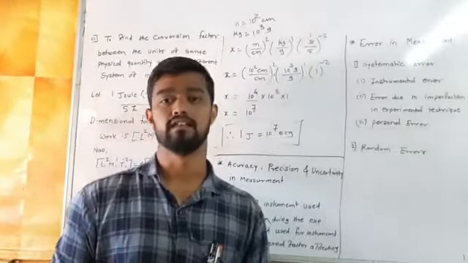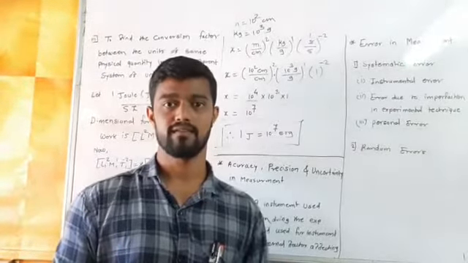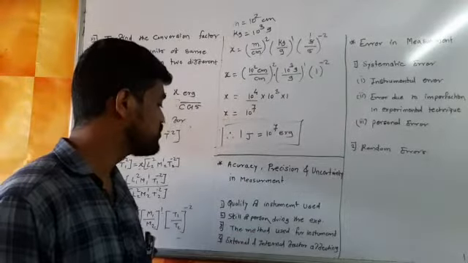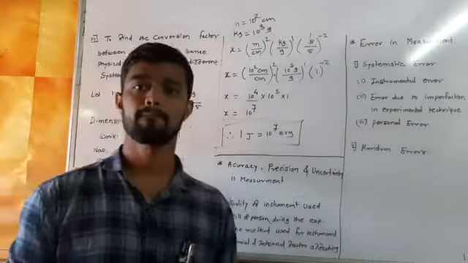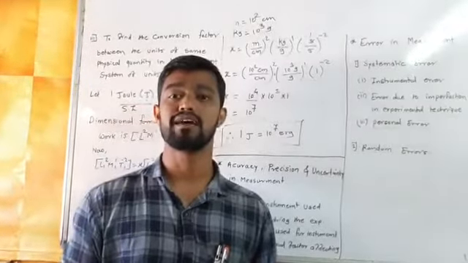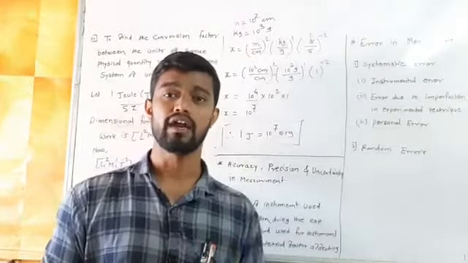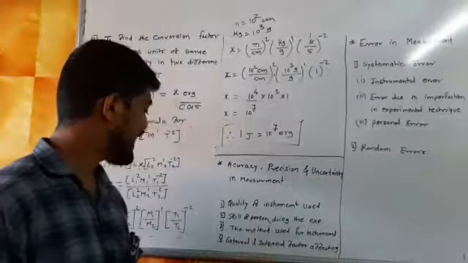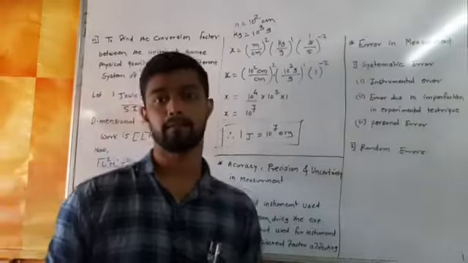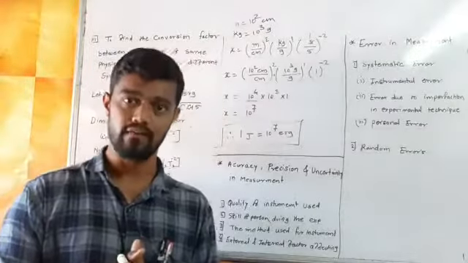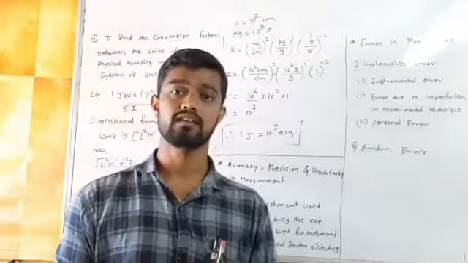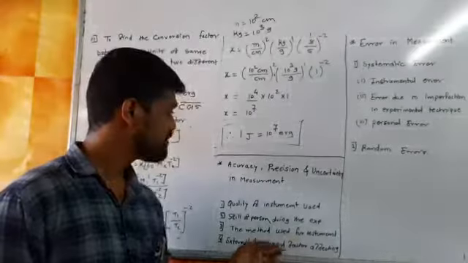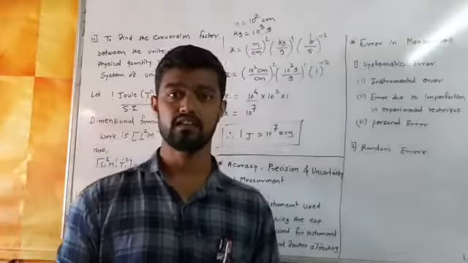Third is the method used for measurement, the method we use to get an accurate, precise value. Fourth is external and internal factors affecting the instrument. So uncertainty in measurement depends on these quantities.